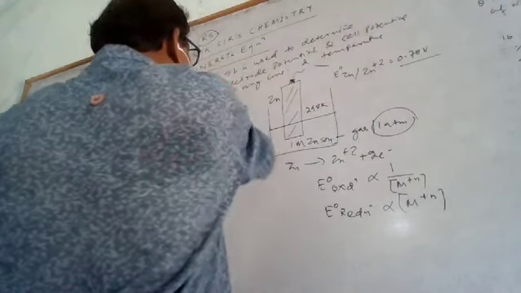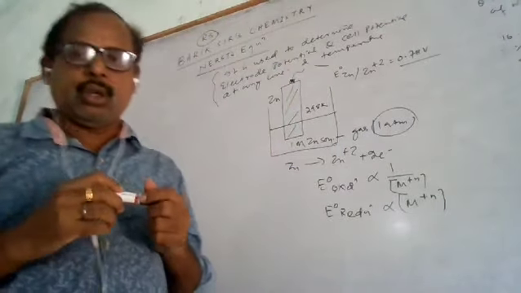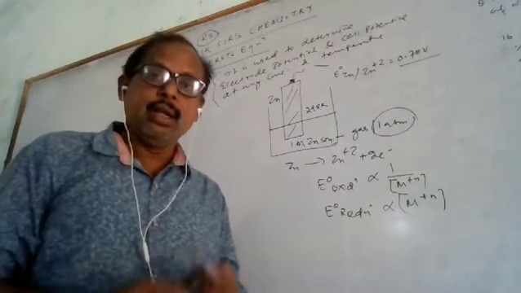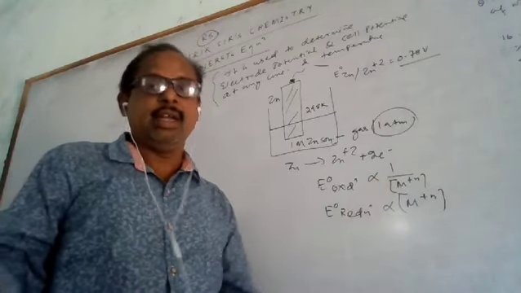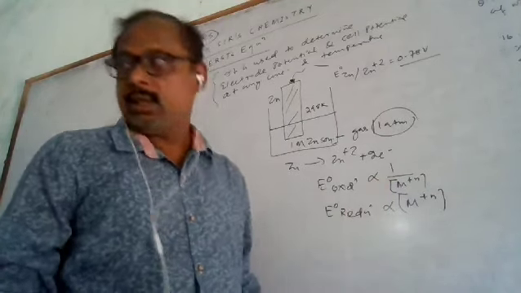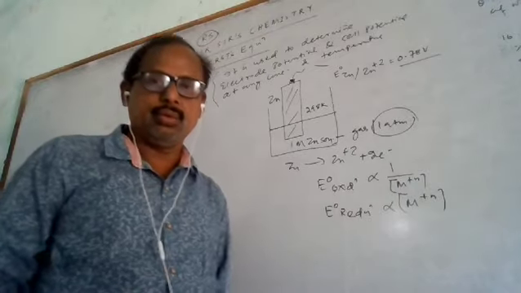So that is the application of the Nernst equation. The Nernst equation is used to determine the electrode potential and cell potential at any concentration and any temperature. That is the very important part that we have to understand.